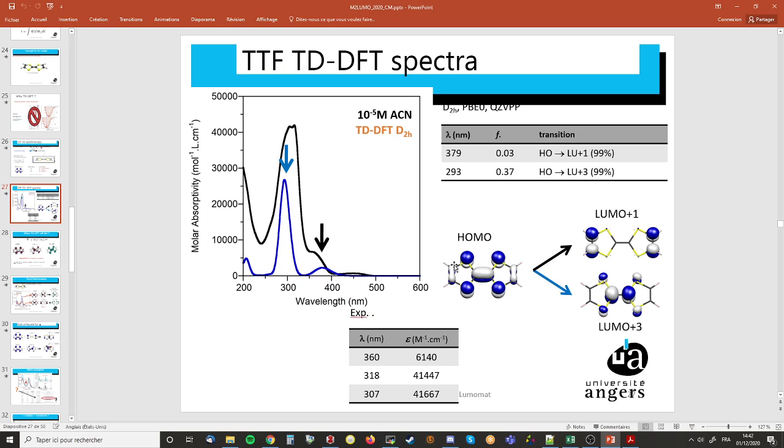when you compare the two transitions that are calculated here, the HOMO is a pi orbital. It's a pi between the three double bonds of the carbon, and a pi star with the officially non-bonding electrons of the sulfur.